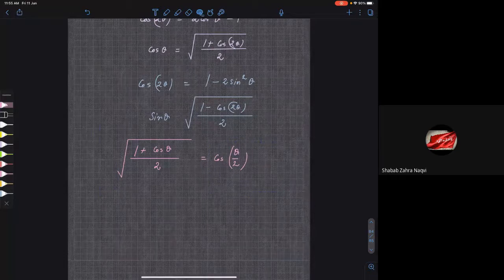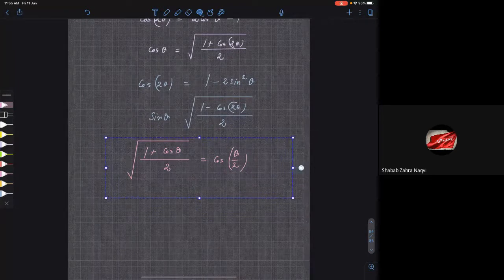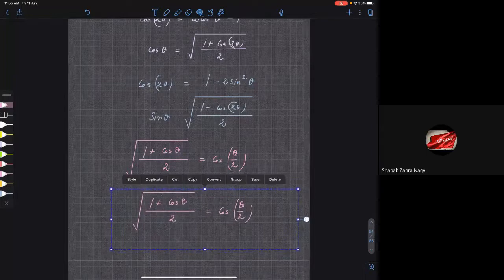The other thing is, let me rewrite this. A similar formula, if instead of plus you have minus here, what will you get?